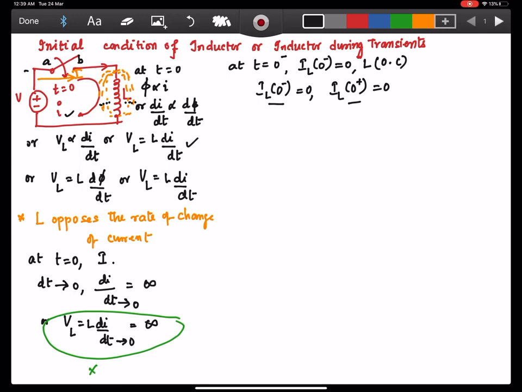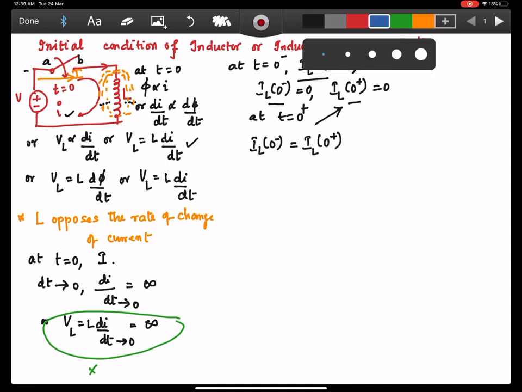So at t is equal to 0 minus, you have IL 0 minus as 0, and at t is equal to 0 plus, that is just after the switching, you have IL 0 plus is equal to 0. So we can conclude IL 0 minus is equal to IL 0 plus.